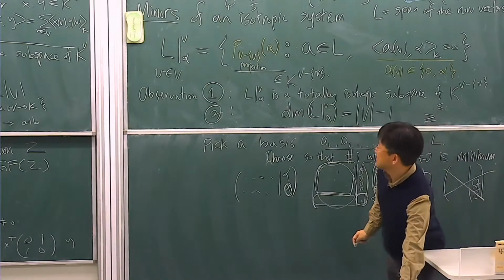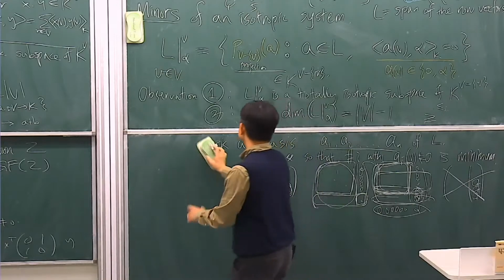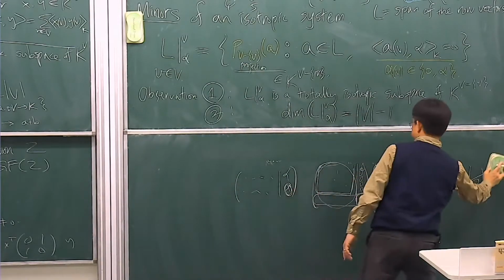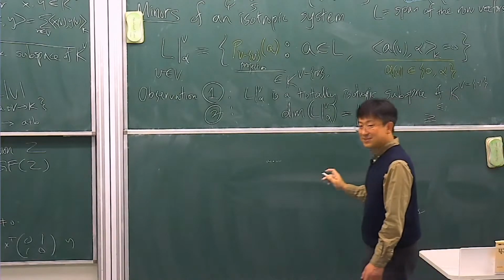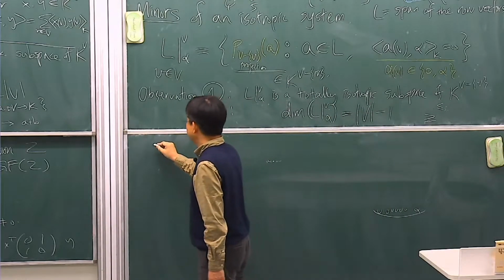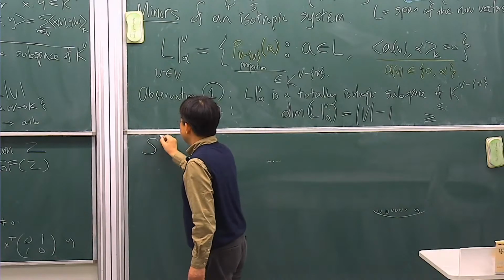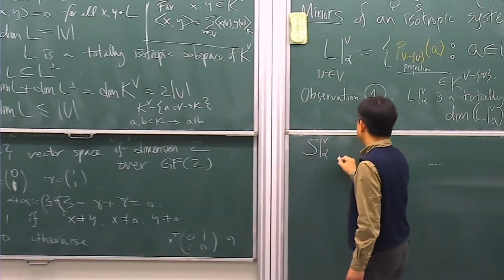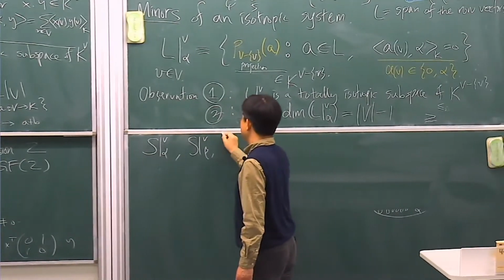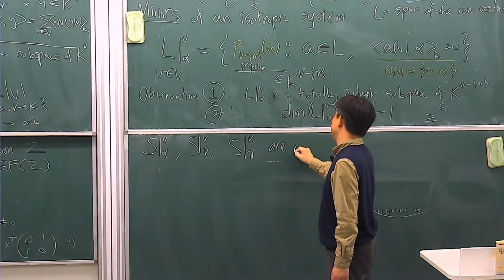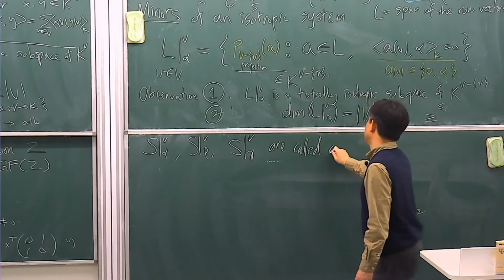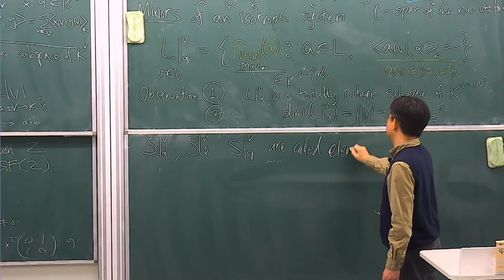All right, so that is a reduction. So that's how we define the minor, what's called the elementary minor. So SV alpha or SV beta or SV gamma are called elementary minors.